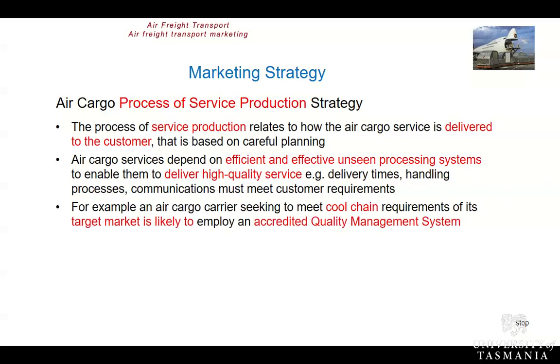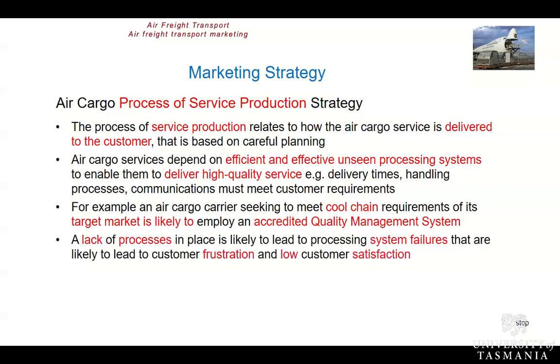So for example, if you've taken on the idea of matching customers in perhaps a cool chain requirement, if that's a requirement of your target market, then if you haven't got a quality management system in place, it's highly likely that one of those steps through the process is going to fail and that you're not going to be able to deliver on your promise of moving those goods through the supply chain.